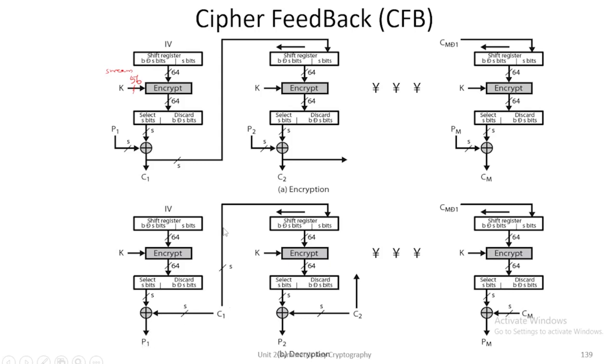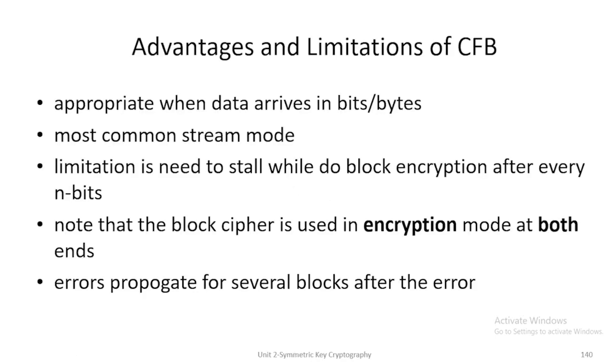So the same C1 should be used for the next block. So instead of decrypting, we are only doing encryption in the decryption algorithm also. So the upper part is encryption, the lower part is decryption, but in both algorithms we are doing only the encryption mechanism. So this is cipher feedback mode.